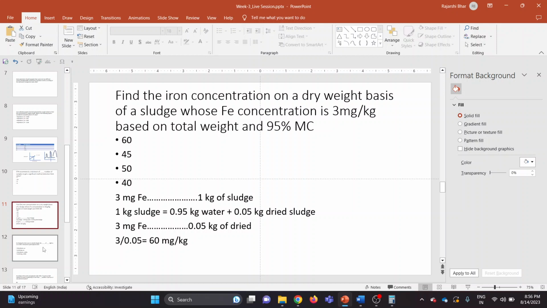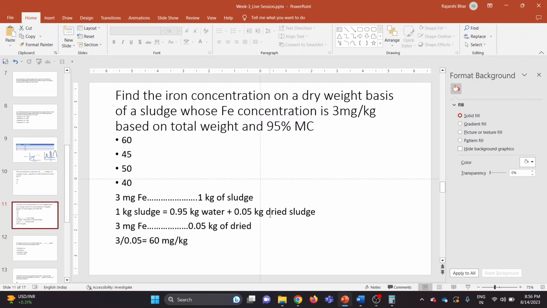The next question was: your iron concentration in sludge was given as 3 milligram per kg. It was wet sludge, as generated, with a moisture content of 95%. You had to determine the iron concentration on a dry weight basis. It was calculated like this: 3 milligram of iron was present in 1 kg of sludge, and this 1 kg of sludge constitutes 95%, that is 0.95 kg water, and 0.05 kg of dried sludge, that is the solid particles.